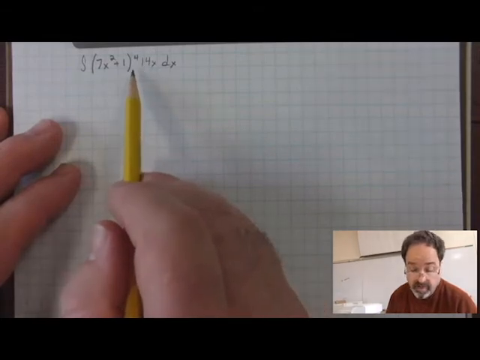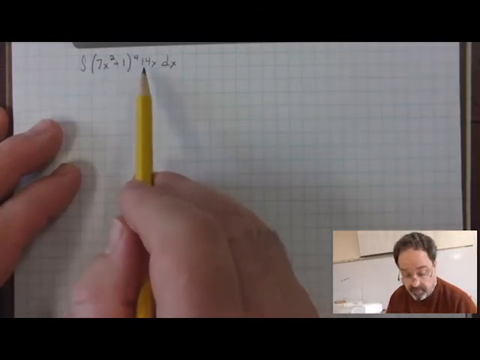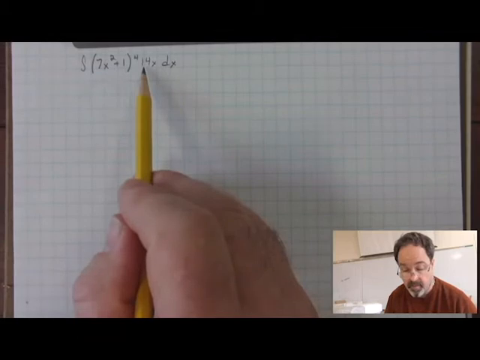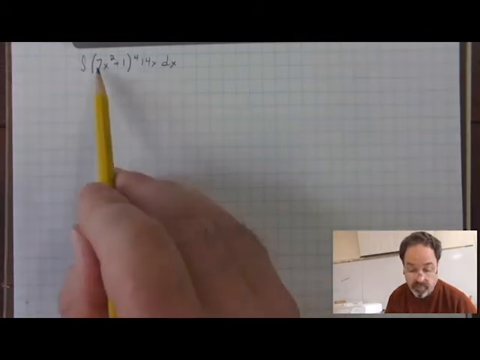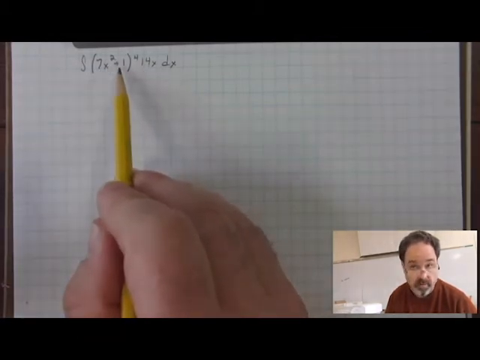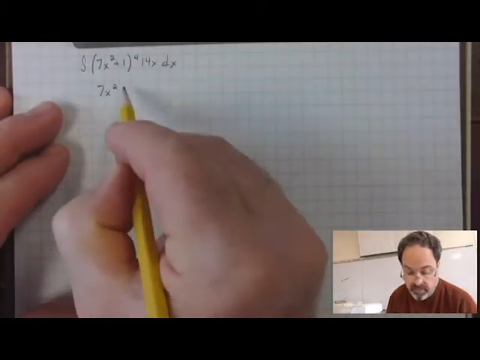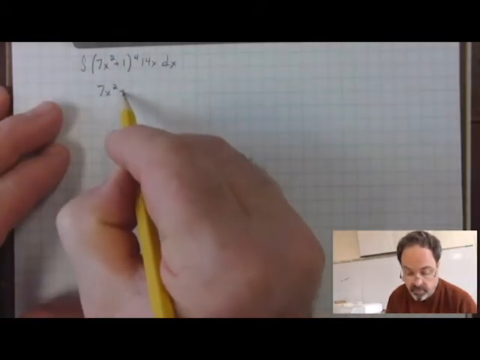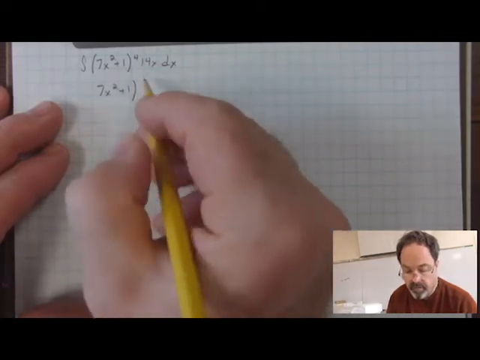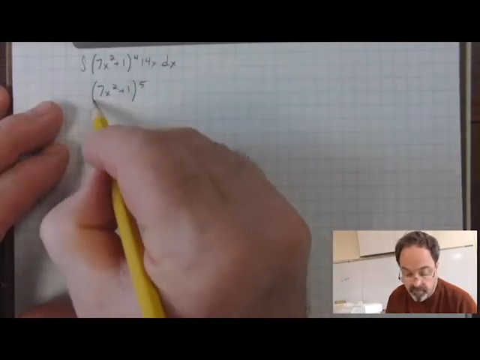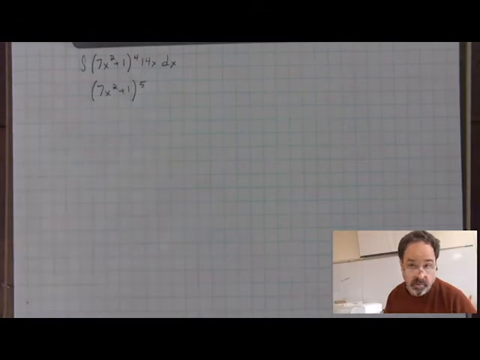We might guess that because this 14x may be observed to be the derivative of 7x squared plus 1, the guess of the antiderivative would be 7x squared plus 1, but we would raise this exponential value to 5. We expect when we integrate a power, we raise the exponential value by 1.